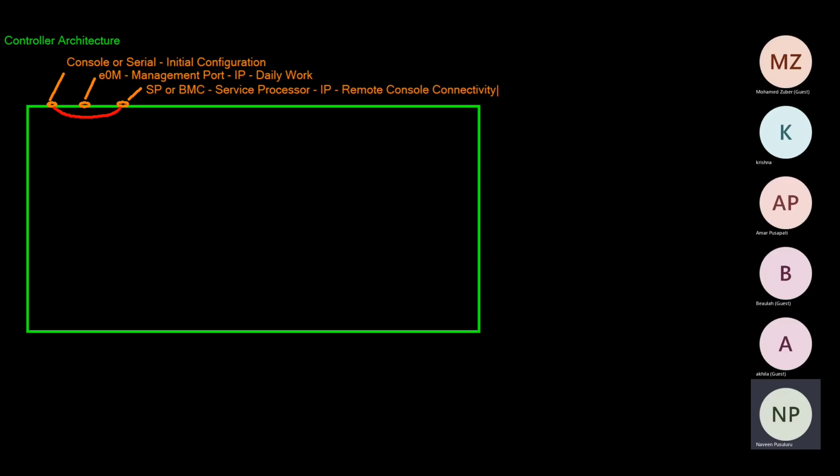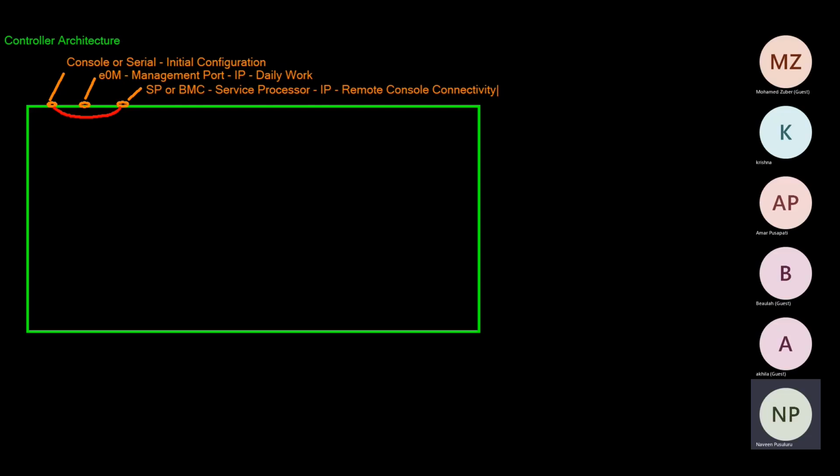Okay, fine. The console port is, I know, for initial configuration, but when we have the e0M port, why do we need a service processor again? Because whenever we are doing some kind of maintenance activity on the controller, for example, I want to perform a Data ONTAP upgrade, or I want to replace faulty hardware on my controller, in order to do these kinds of activities, either we need to reboot the controller or we need to shut it down, right?